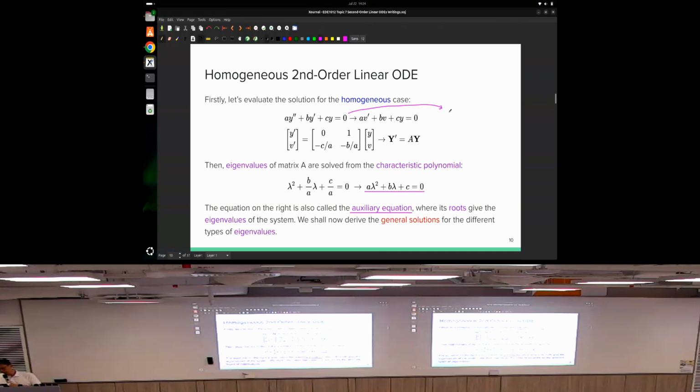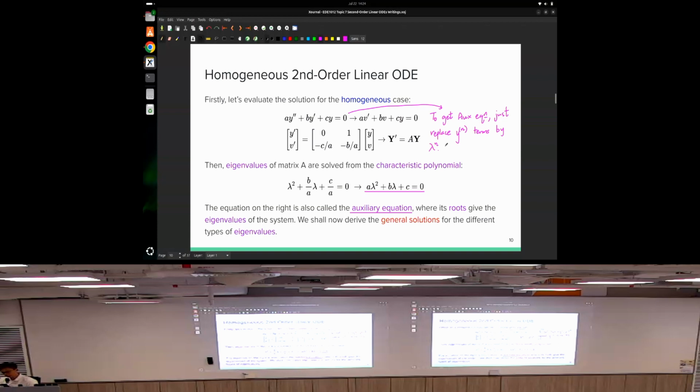To get the auxiliary equation, just replace the y prime terms by lambda to the power of n. So if this is a double prime, 2 primes, n must be 2, then it must be lambda squared.